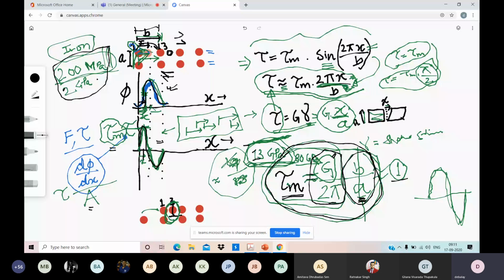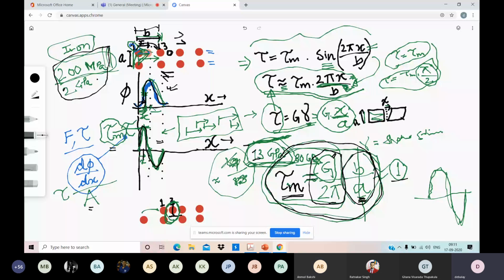So what causes this discrepancy? That is my question. So what is your answer? I want to know. Sir, 300 to 500 MPa is the amount of stress required to move a dislocation, and 13 GPa is the amount of stress required to produce a dislocation. That's right. That's the right answer.